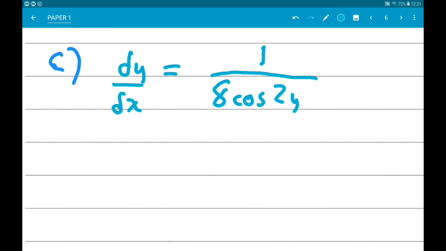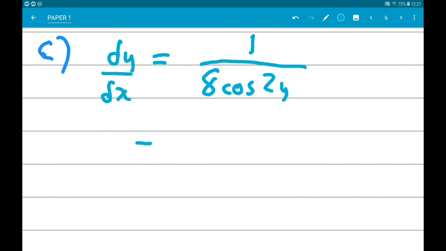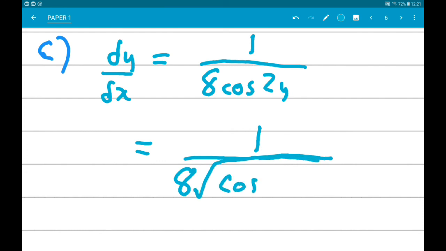So we can say that cos 2y is the square root of cos squared 2y. Now we know that cos squared add sine squared is 1, so cos squared 2y is 1 minus sine squared 2y.